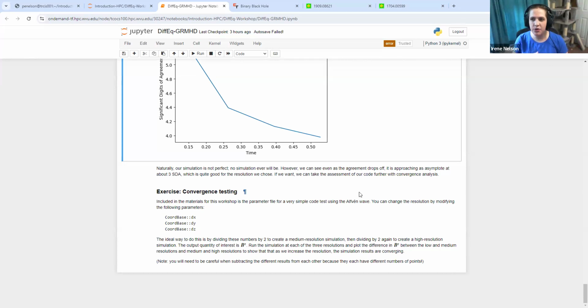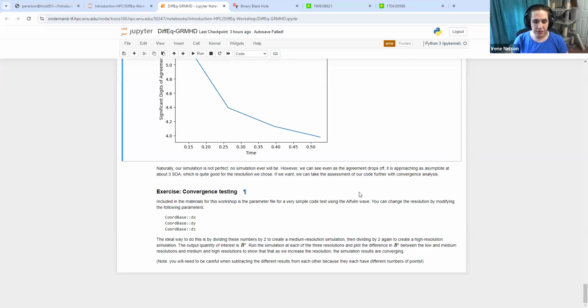Just because that would make the formulae for a convergence test simpler if we wanted to use those to quantify just how well our simulation converges.